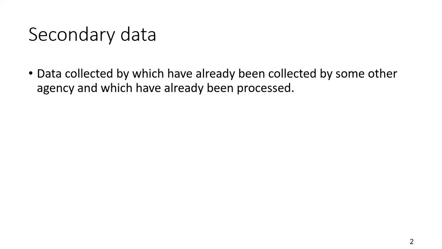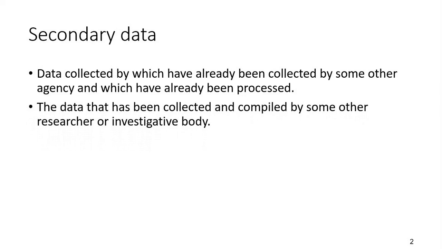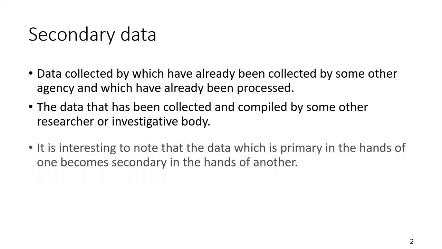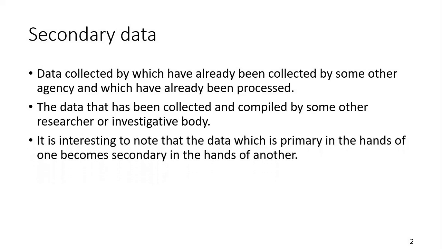But anyway, the data that is reaching us is in the form of processed data. That means the data has already been collected and compiled, and that is the way in which it comes to us. It is a different investigating body, and not you yourself or your organization that has done this work.